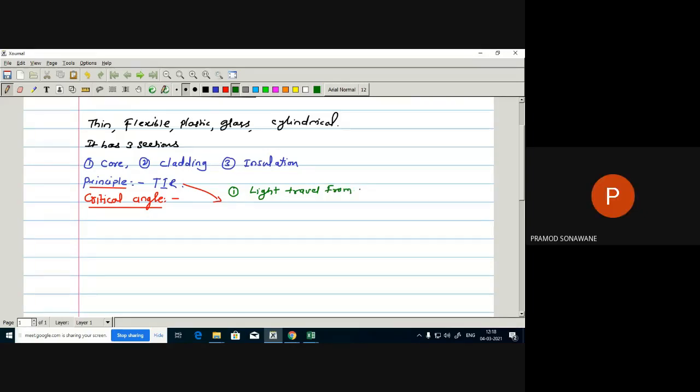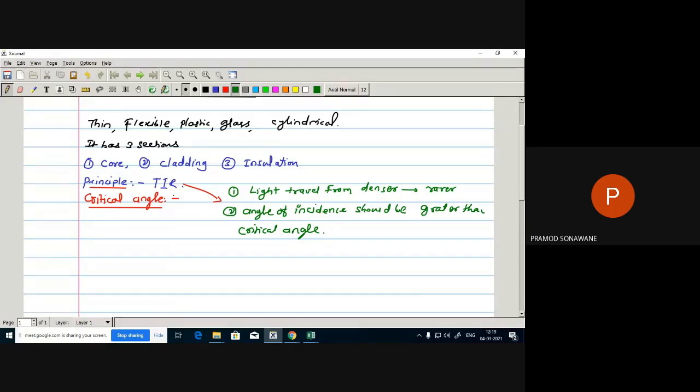This is the first condition, light travels from denser to rarer medium. And second, the angle of incidence should be greater than the critical angle. So these conditions must be satisfied, then TIR is possible.